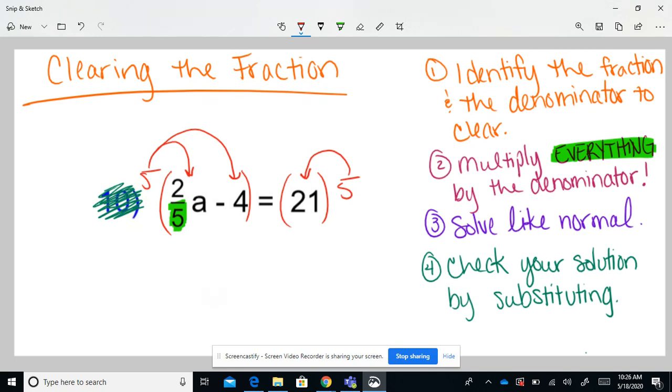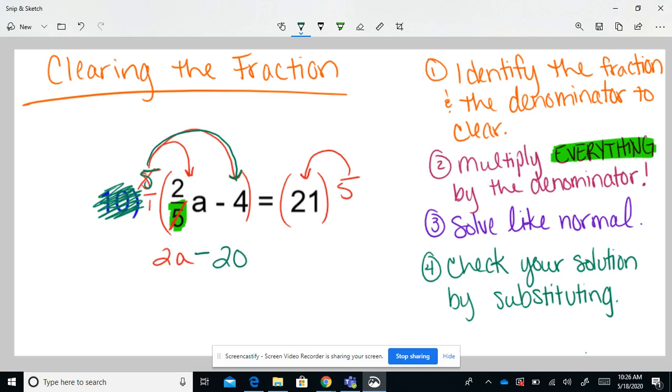Now, when I take 5 and I multiply by the first term on the left-hand side, this 5 is going to cancel out because this is like 5 over 1. So 5 and 5 cross cancel. Okay, so now I'm just left with 2a. However, when I take this 5, change my colors here for you, and multiply it by the 4, I'm now doing a minus 20.